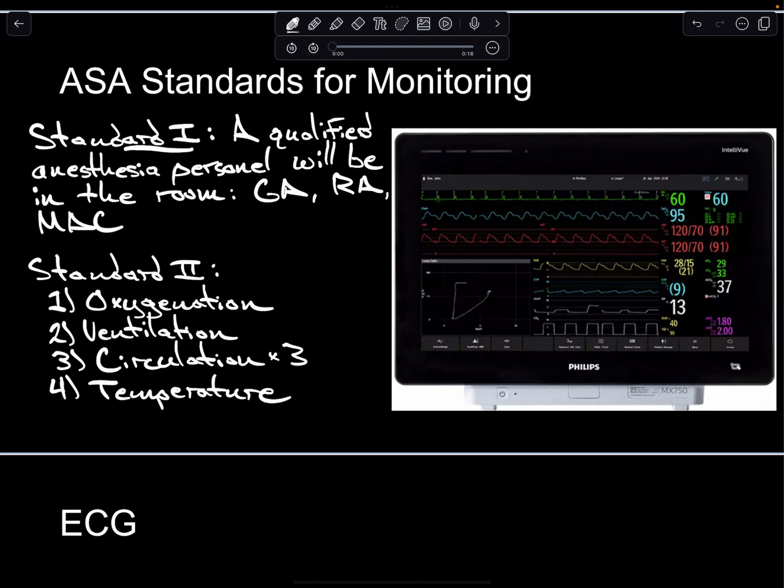So normally that's going to be a pulse oximetry tracing because that'll show the pulse throughout the entire case, but it could also be an arterial line tracing or someone measuring a palpable pulse or listening to heart sounds throughout the case. Finally, if there's any concerns for anticipated changes in temperature of the patient, then there needs to be a temperature probe to measure any changes in these temperatures.